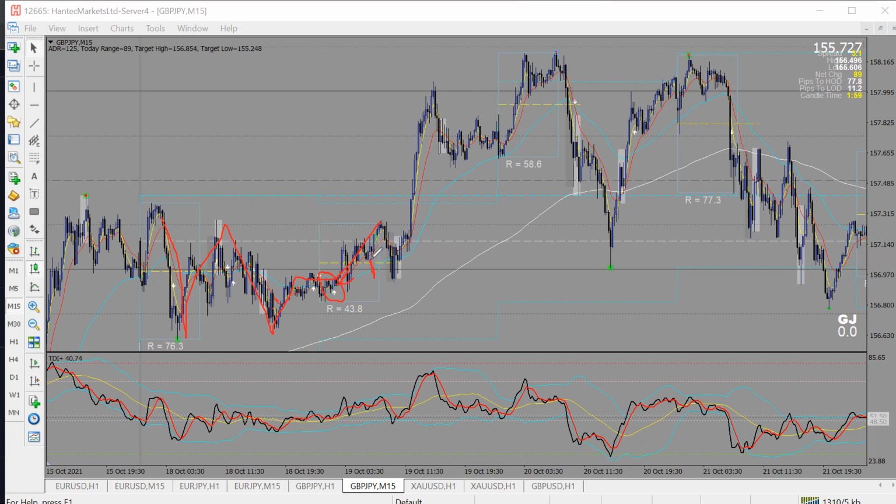Remember, angle of separation. So the first rule is what? Anchor to the left. The second rule is 13/50 EMA cross. What is the third rule?